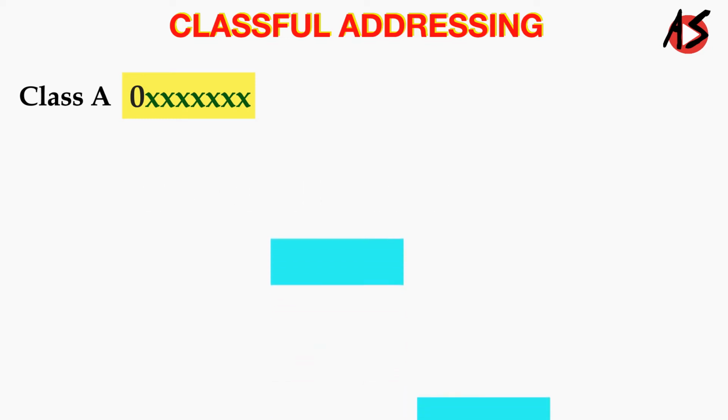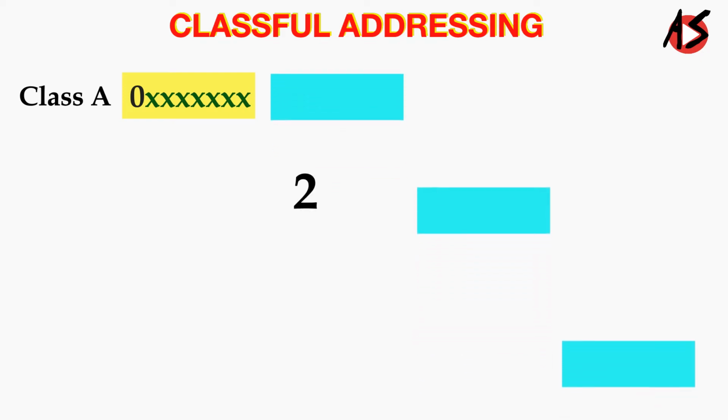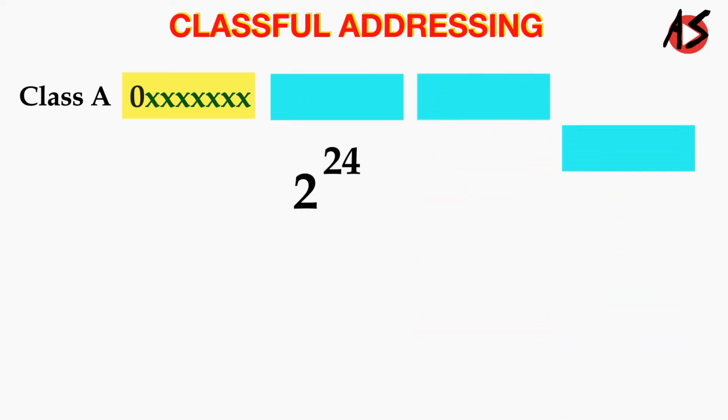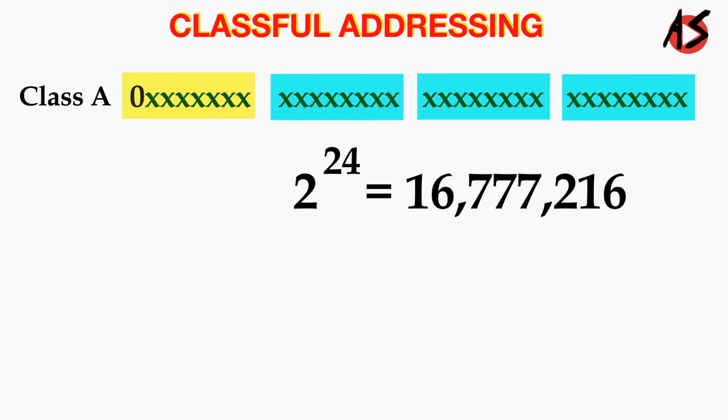However, each block in this class contains 2 raised to 24, I mean more than 16 million addresses, which means the organization should be really large to use all these addresses.